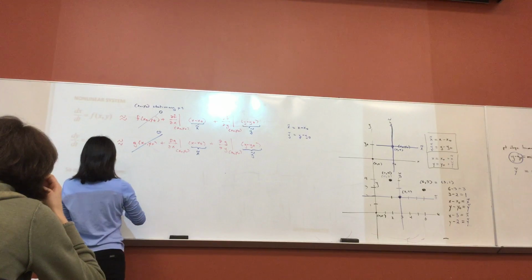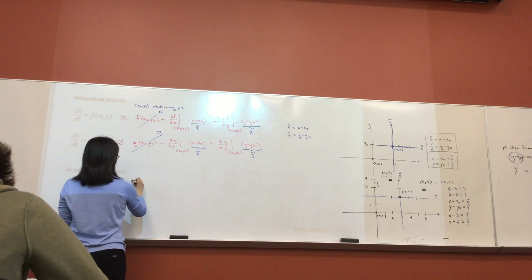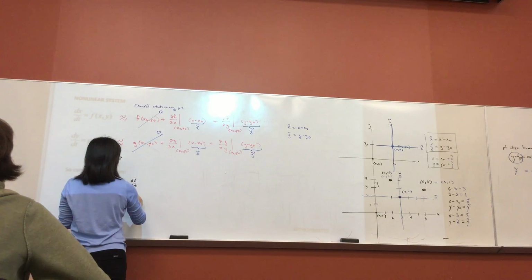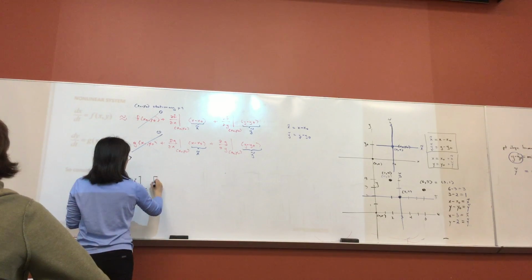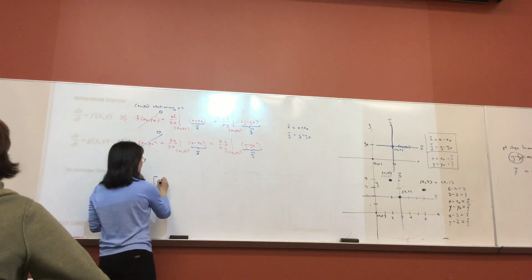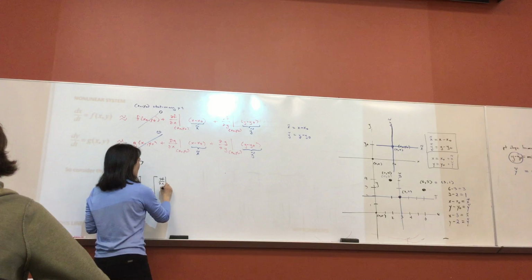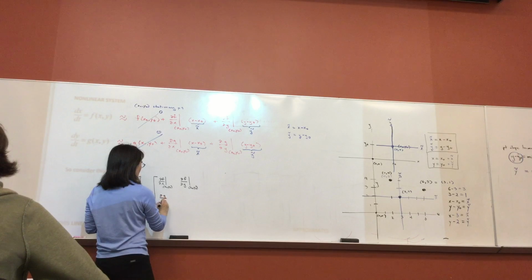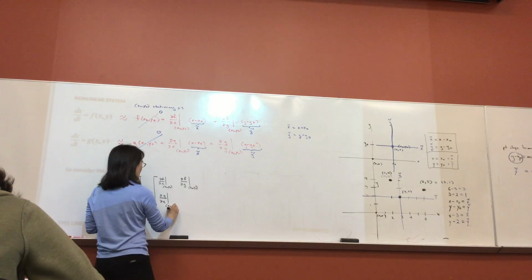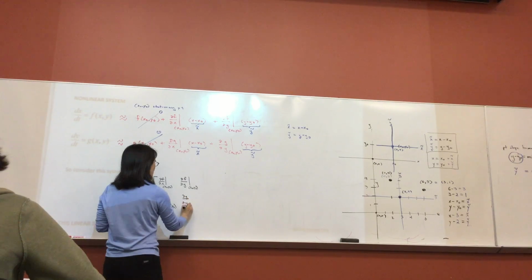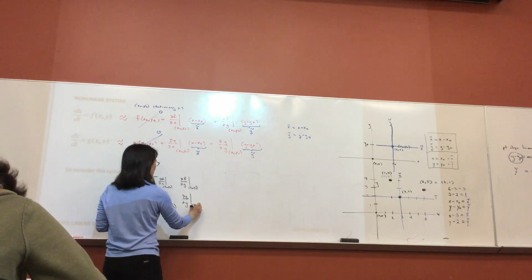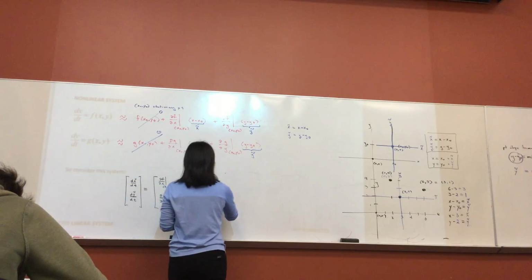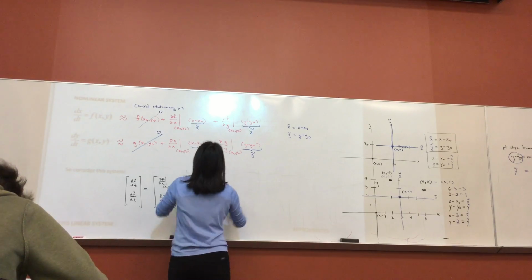So consider this system: dx tilde dt, dy tilde dt equal to the partial of f with respect to x at x naught, y naught, the partial of f with respect to y at x naught, y naught, the partial of g with respect to x at x naught, y naught, the partial of g with respect to y at x naught, y naught, times x tilde, y tilde.